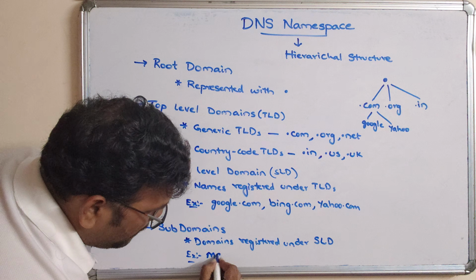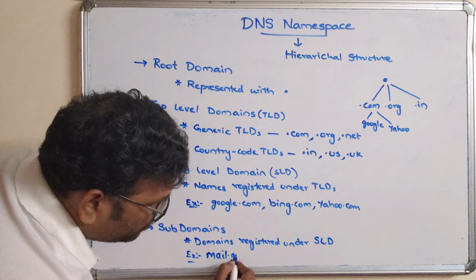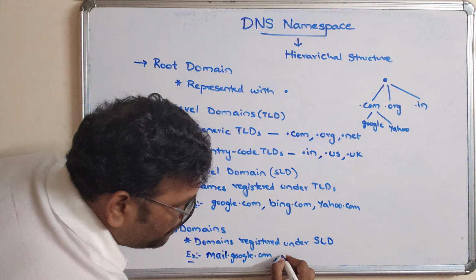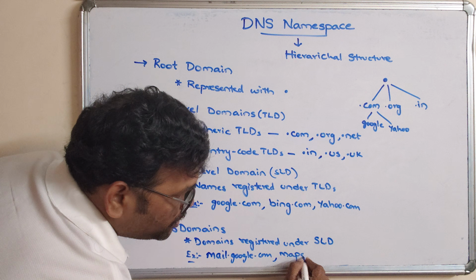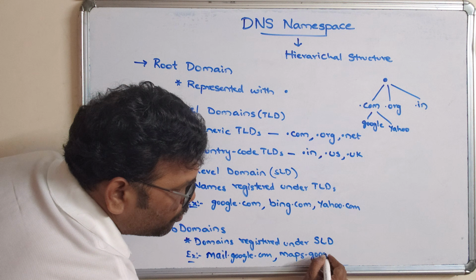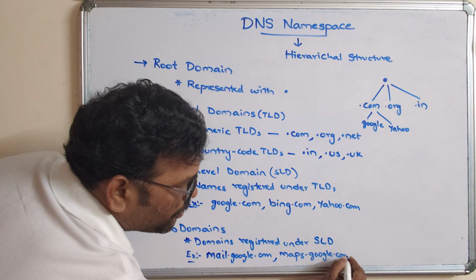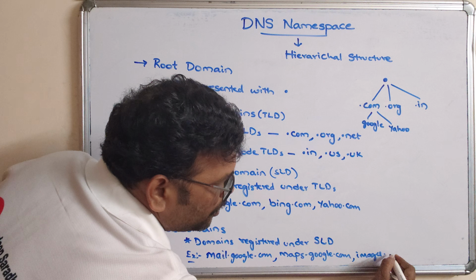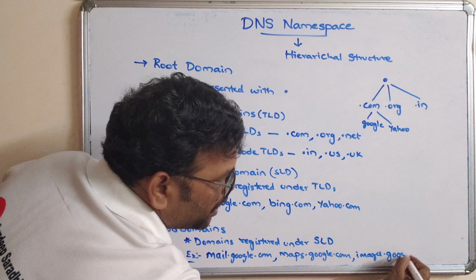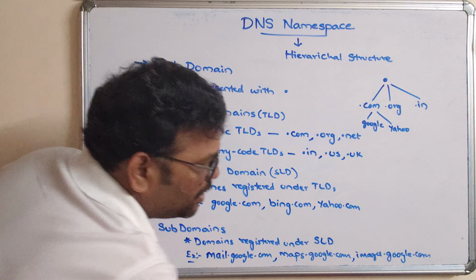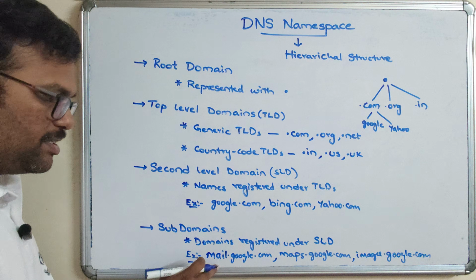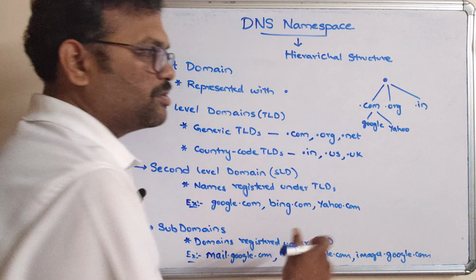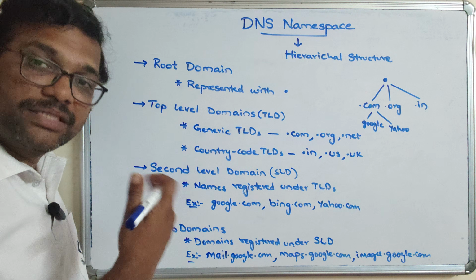So you can use mail.google.com. Similarly, maps.google.com, similarly images.google.com, right? So different subdomains. Under google.com, mail, maps, images, all these are different subdomains.